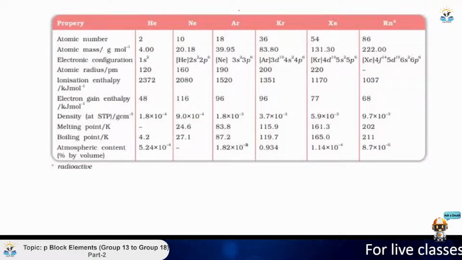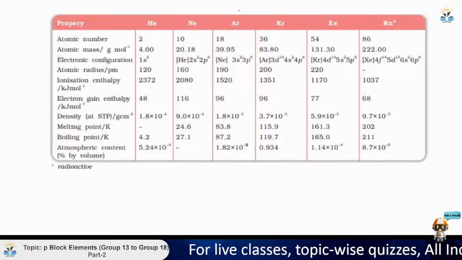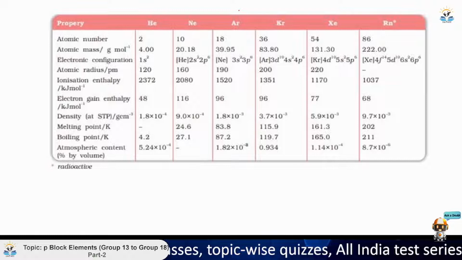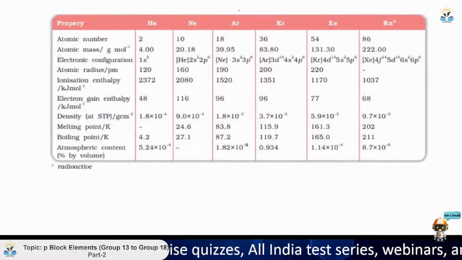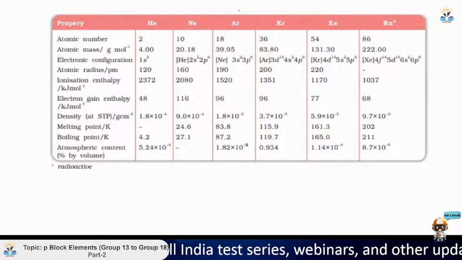And to be honest, there is not a very big difference among these things. That is primarily because our noble gases have a very stable electronic configuration, and they have a tendency to remain as stable as they can, so they don't react with anything.